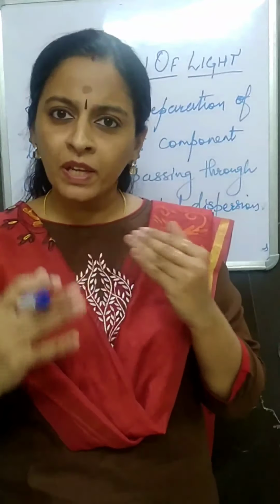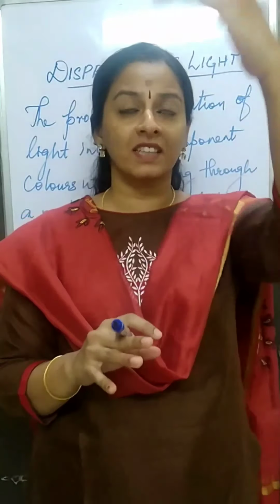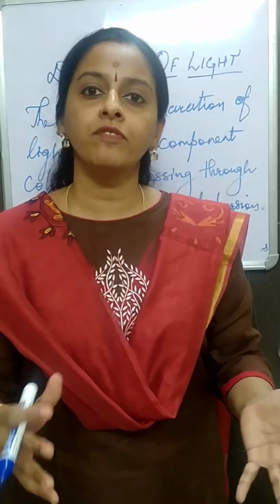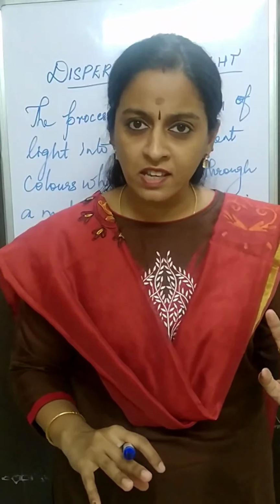Now, the colors that we see, normally for our simplicity, we consider only 7 colors. But actually speaking, this white light or the light from sunlight is made up of millions of colors. Just for our simplicity, we are considering only 7 colors. And we know which are the 7 colors.